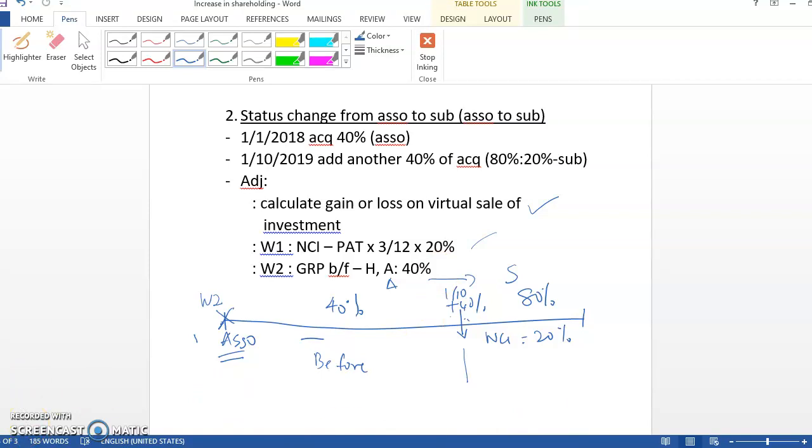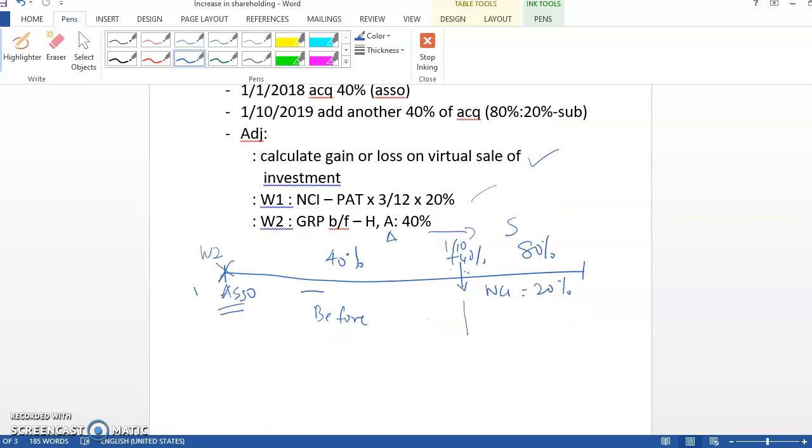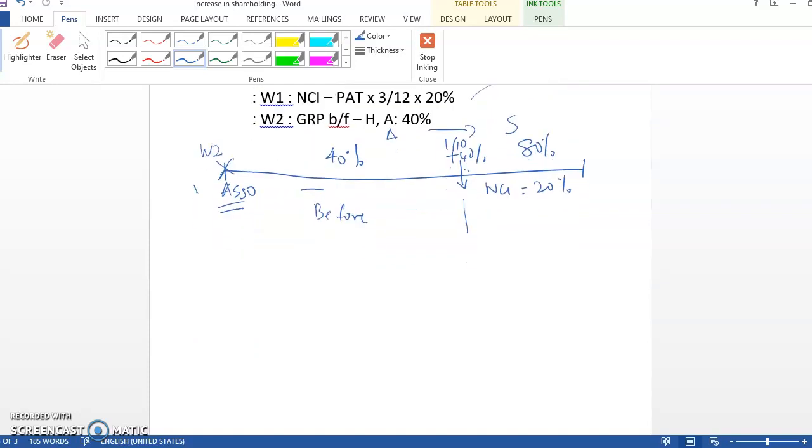When we have ASO to sub, you only have one adjustment. Meaning that in SOPI, you put in the schedule for GRP, you put a fair value change.